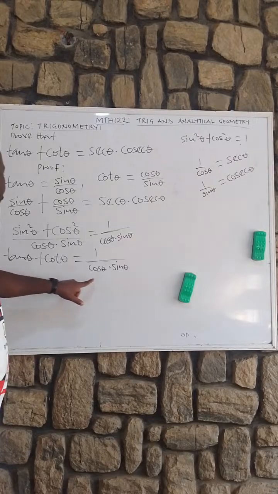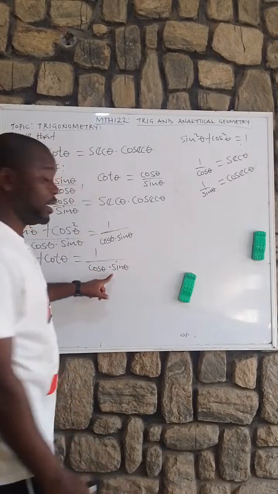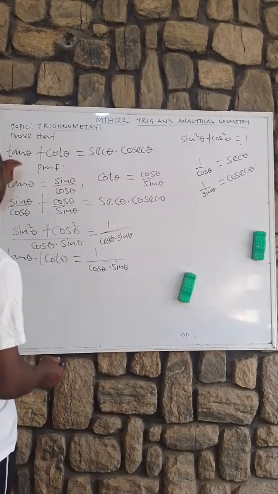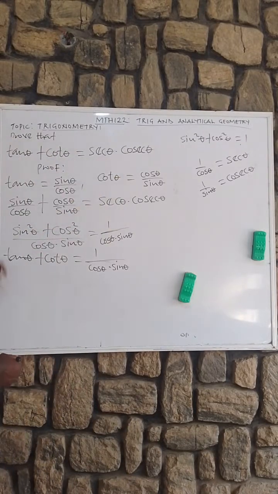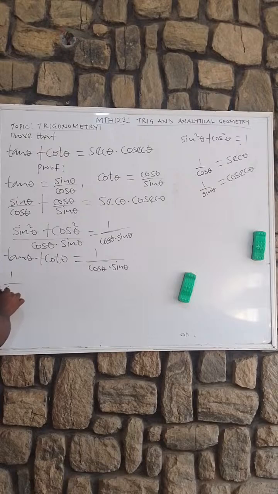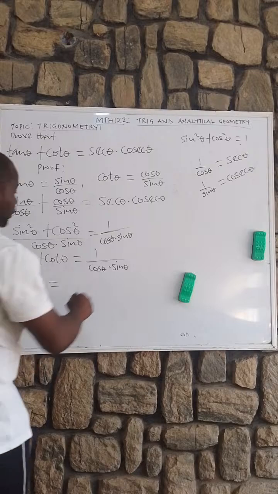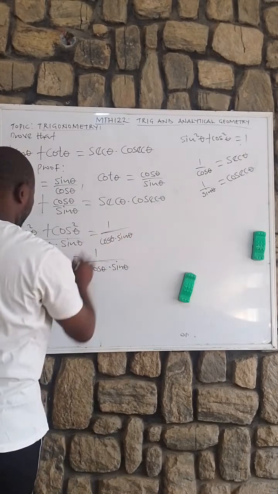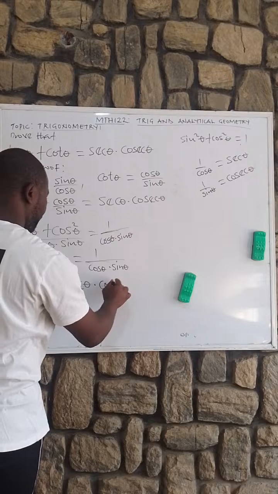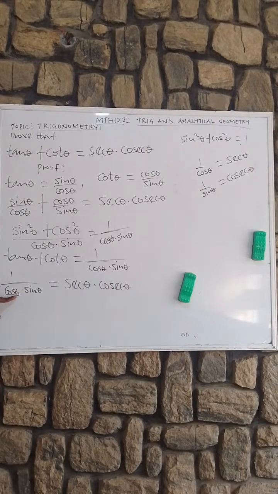Because we are trying to prove that the left hand side is equal to sec theta times cosec theta. That is what we are trying to do. When you look at the question, instead of this, we write 1 all over cos theta times sin theta, which is equal to sec theta times cosec theta.